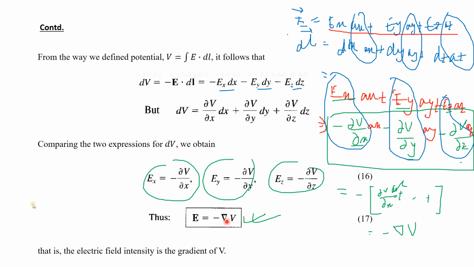If V is a scalar quantity, and you take the gradient of V, that means the gradient of a scalar, it becomes a vector. So the electrostatic field or electric field intensity is a vector which is equal to minus of the gradient of the scalar field, the scalar quantity potential.